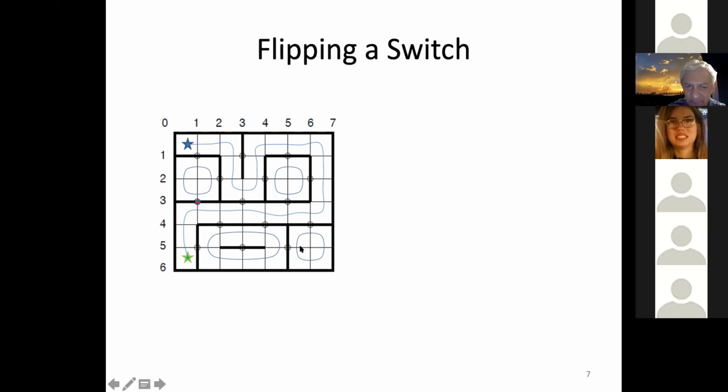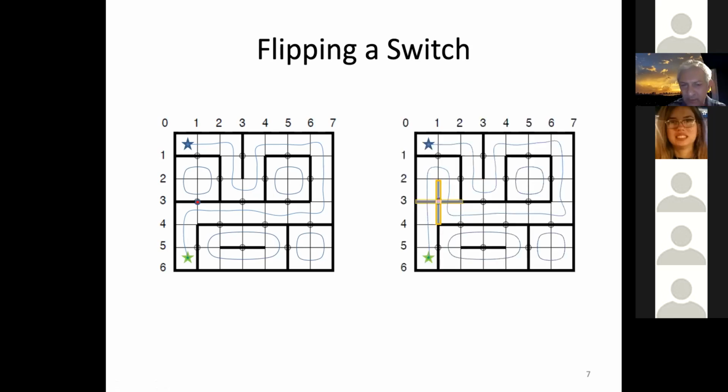Let's randomly pick one of these barriers, say this one here, and flip it from horizontal to vertical. What do you think happens? We change the neighbors of the things around that barrier. Very good.